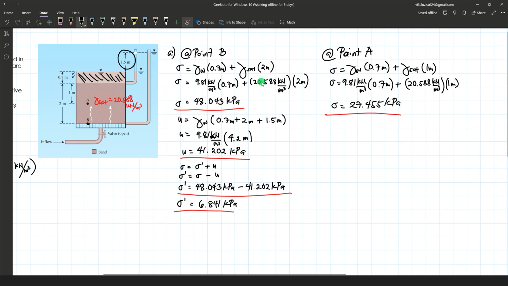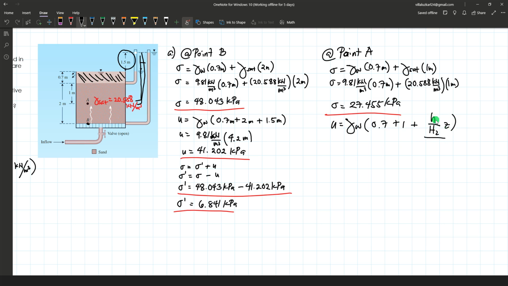For the pore water pressure, it is equal to unit weight of water multiplied by 0.7 again, and we will add 1, and the additional height is, if we put a piezometer here, what's the equivalent solution for that? That's h over h2, if we can recall, times z.